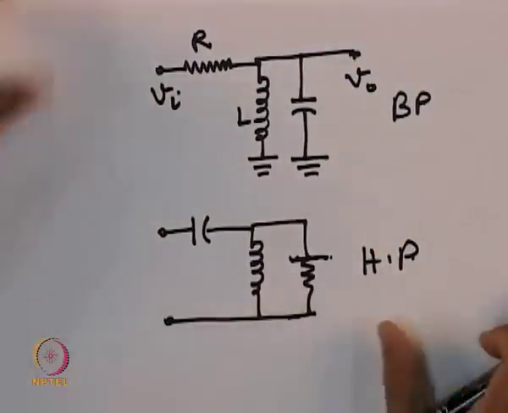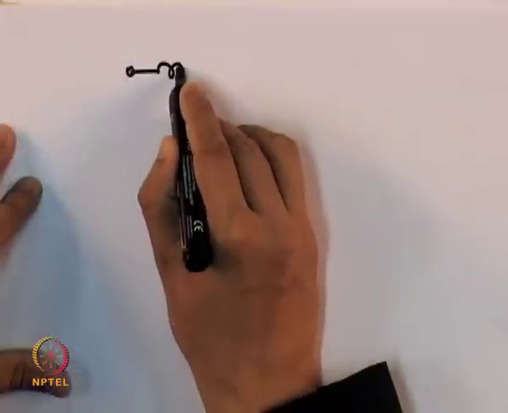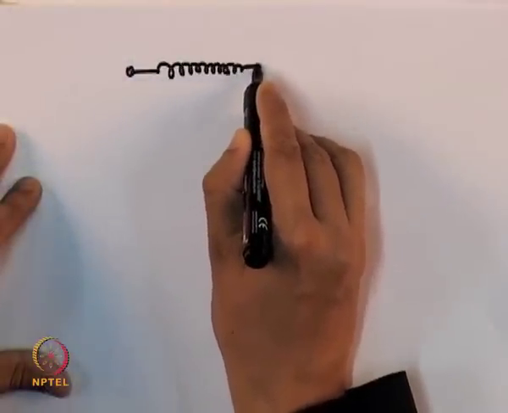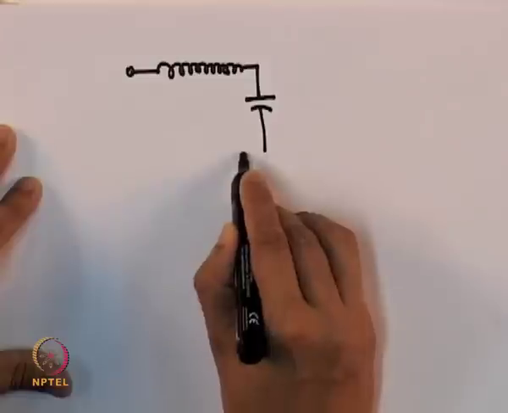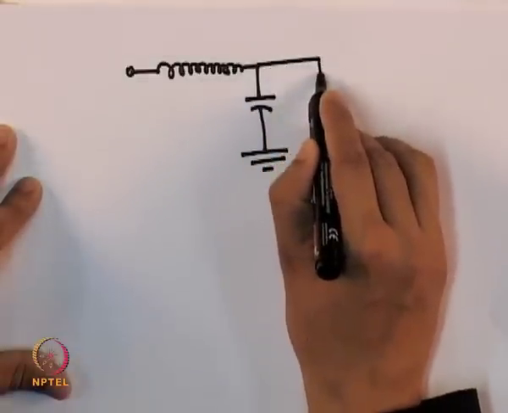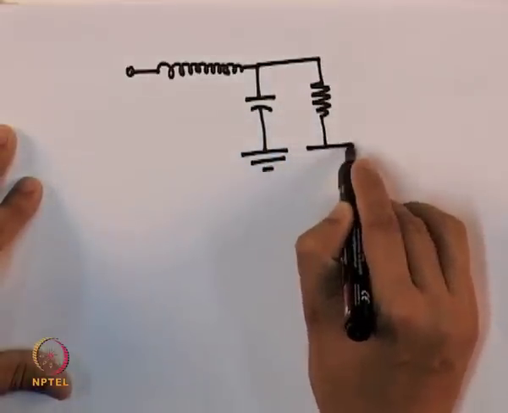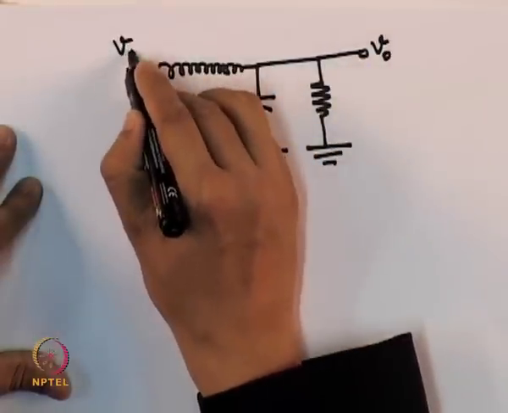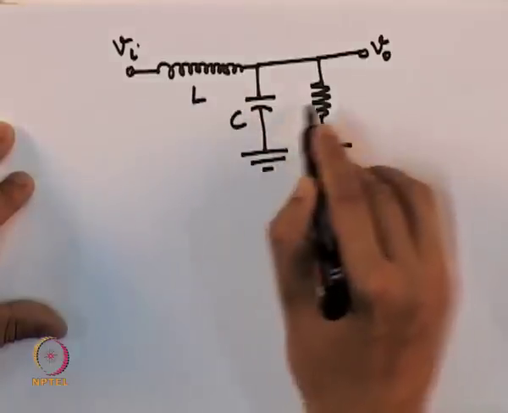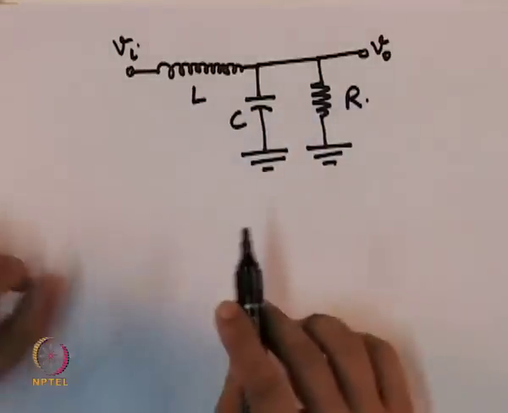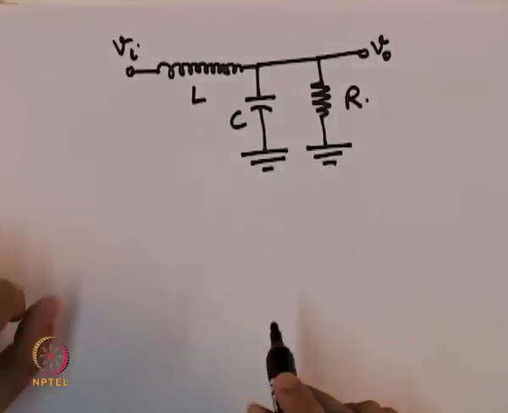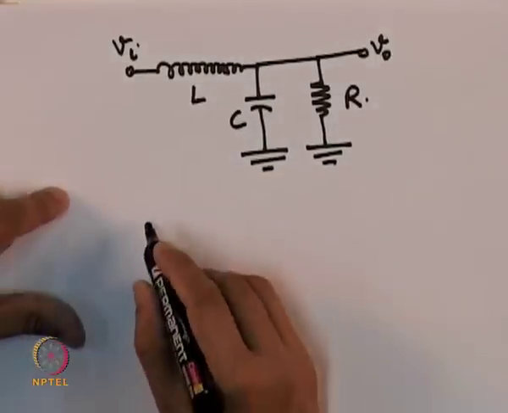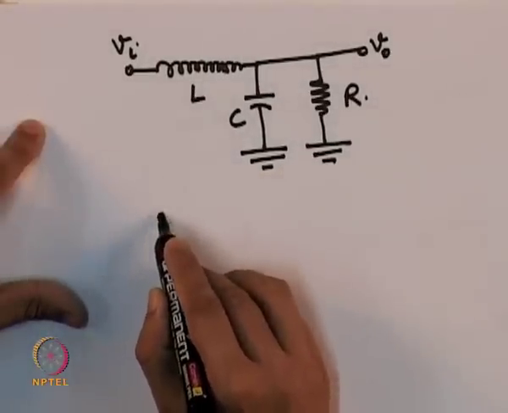The low pass cannot be implemented because the low pass prototype has a circuit like this. So, this low pass prototype has a circuit like this, and that active inductor we saw, the other terminal always has to be grounded.